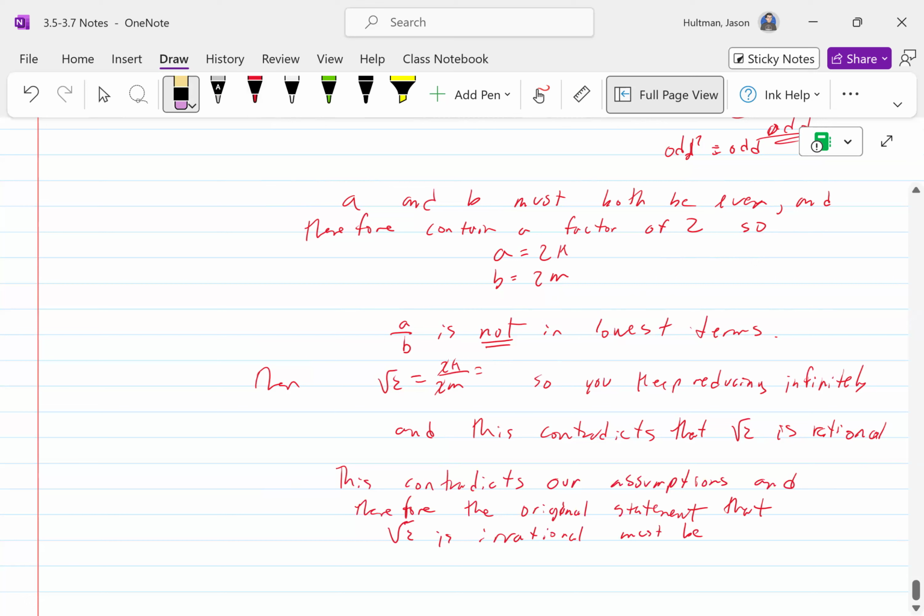Or we could just say it must be true. When you've eliminated everything else and proved that everything else is false, then what's left over must be true. And that's a proof.